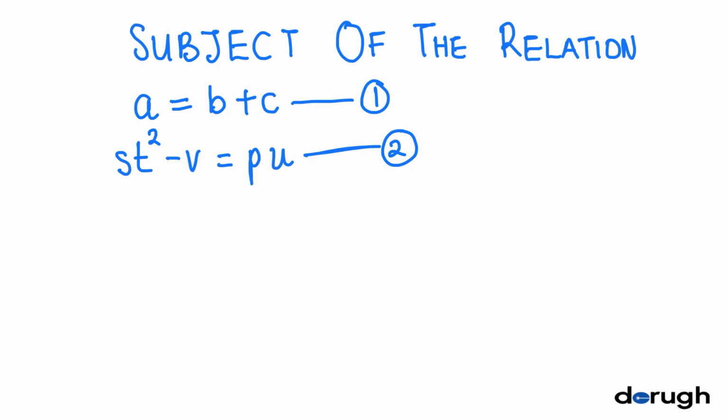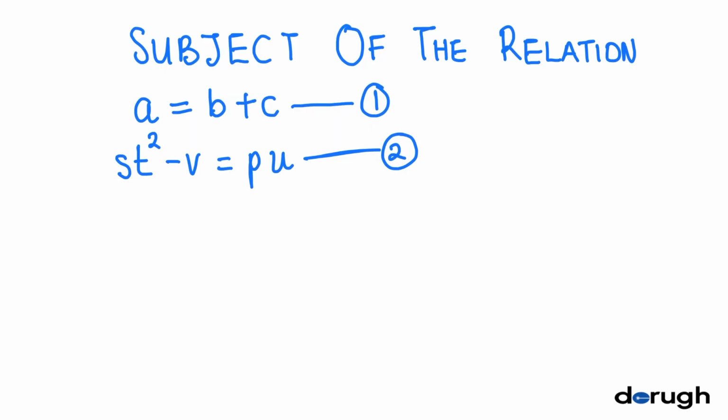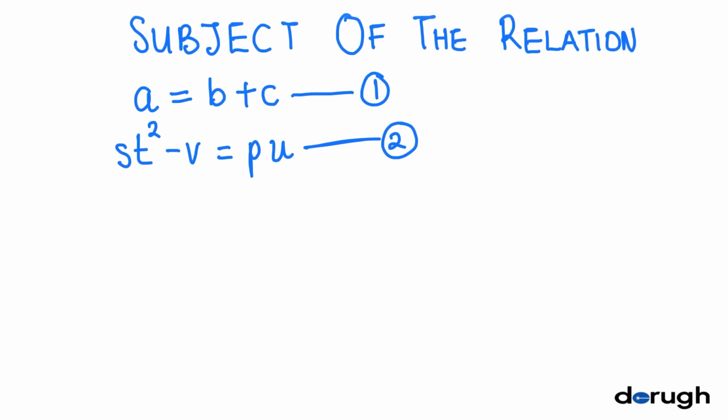But before we get into that, I want to make something clear. When we're trying to make something else the subject of the formula, we need to remember our opposites. So, what am I talking about? I'm talking about the opposites of different mathematical expressions. For example, if you are asked, what is the opposite of addition?